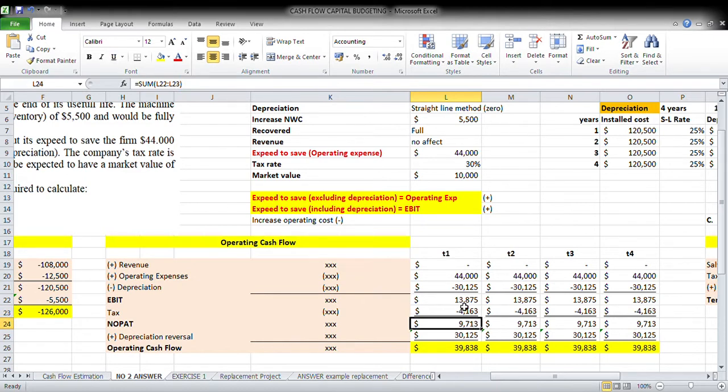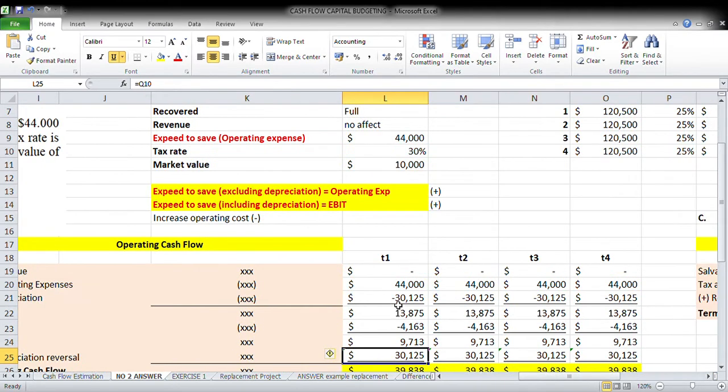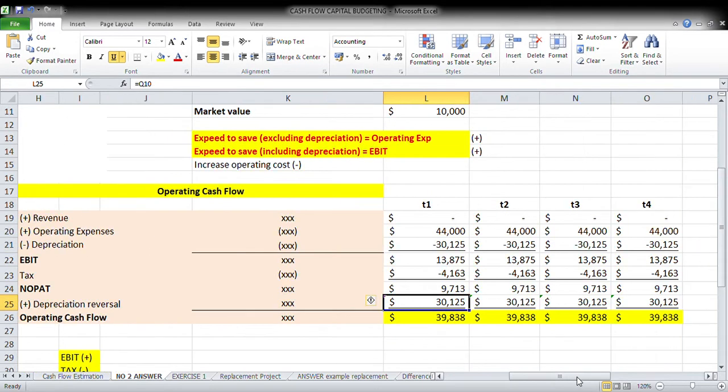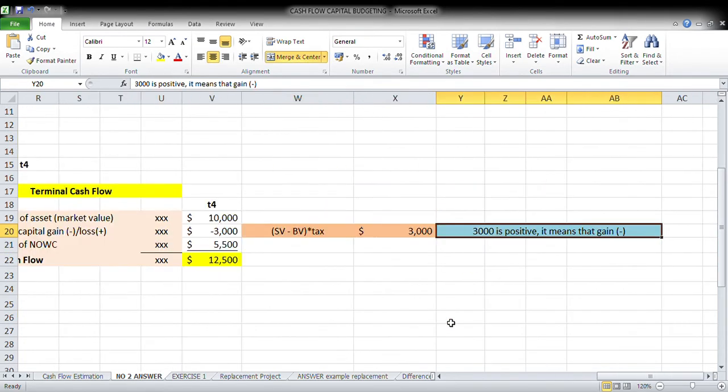Then we sum that and add back the depreciation reversal. The difference is this one minus, this one plus, year per year. So we get the operating cash flow of 39,838.